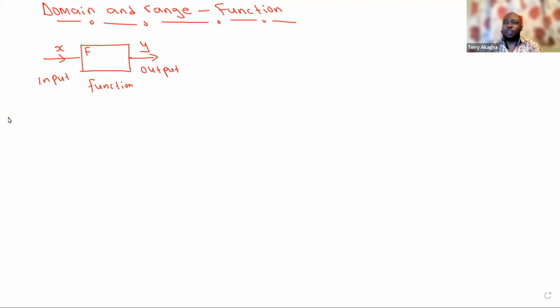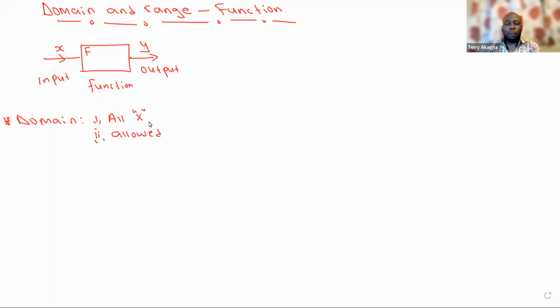So the first thing is for domain: domain is all the input numbers of X. There are keywords you need to keep in mind. They are all X. When I say X, they are all the input numbers of X. The next word to keep in mind is that all the input numbers that are allowed.